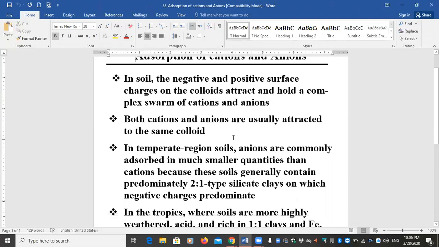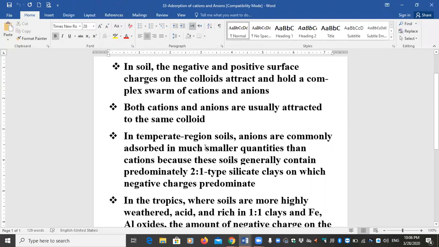In temperate region soils, like our soils in Jordan, anions are commonly adsorbed in much smaller quantities than cations because these soils generally contain predominantly 2-to-1 type silicate clays in which negative charges predominate.